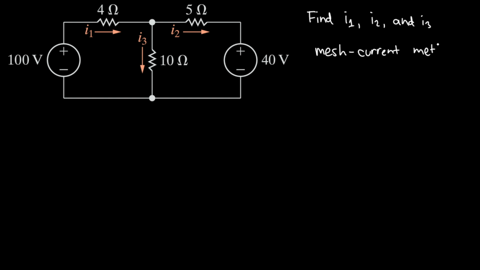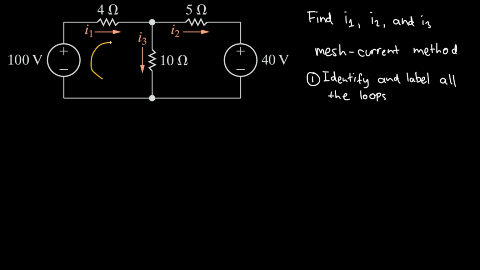Okay, and the first step that we need to do is one, identify and label all the loops. Okay, let's see what loops we have in this circuit here.